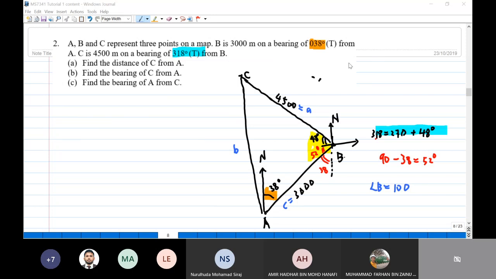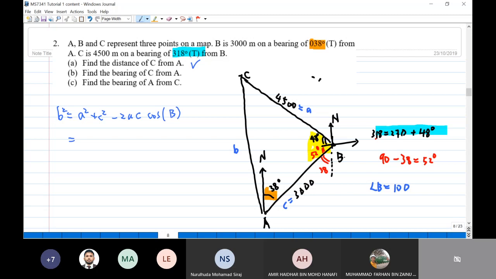So the law of cosine says, if I label A, B, C here, the side opposite angle A is A, the side opposite C is C, and the side opposite B is B. We say that B square is A square plus C square minus 2AC cosine B. This is the law of cosine, which is the right answer for part A.